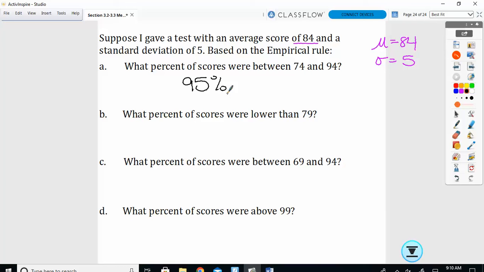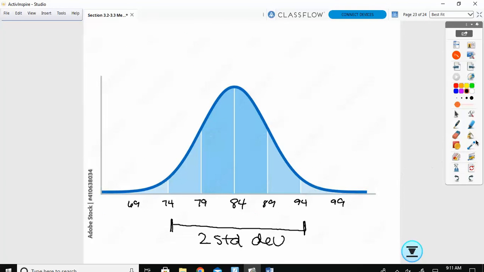B. I want to know what percent is lower than 79. So the empirical rule as it's written just tells me, between 1 standard deviation, 2 standard deviations, and 3 standard deviations. So we have to think a little more here. Below 79. Lower than 79.